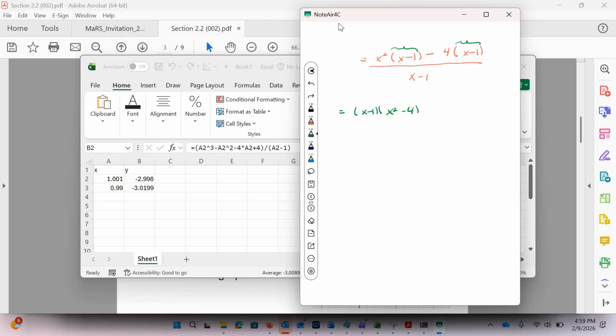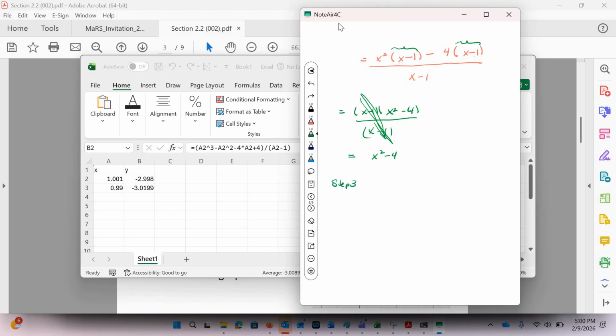Distributive law: x minus 1 times x squared gives me the first term, and x minus 1 times negative 4 gives me the second term. That's divided by x minus 1. I'm just going to put parentheses there so you can see they really are the same. And then we can cancel that. I told my students this was cancel culture. It feels fun. And I get x squared minus 4. So now there's no denominator anymore, so I can plug in 1 exactly.